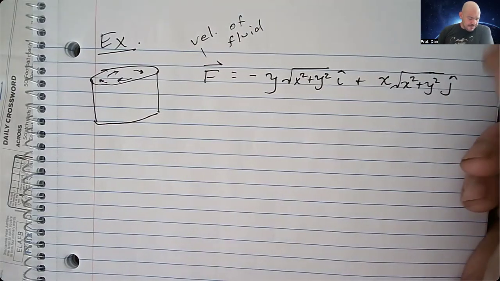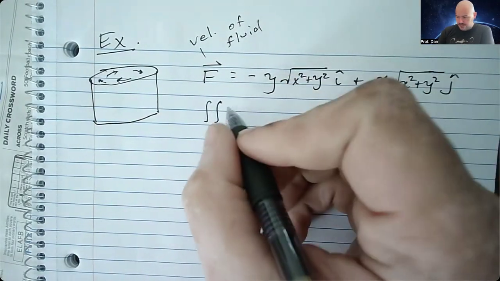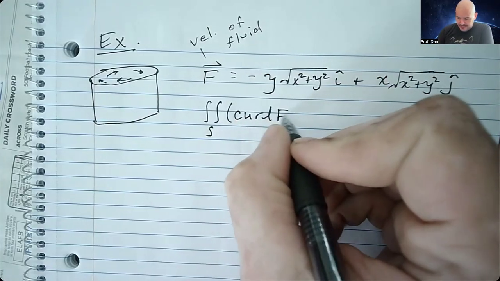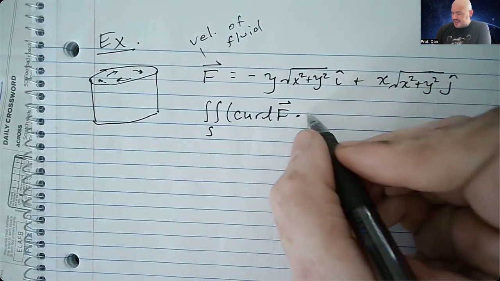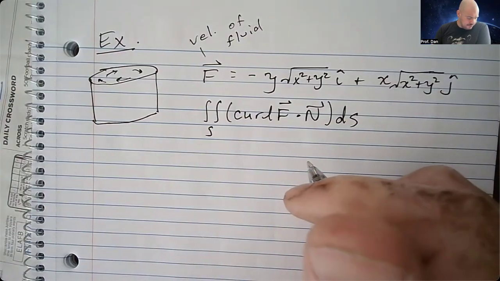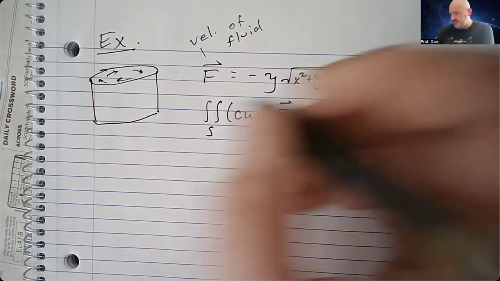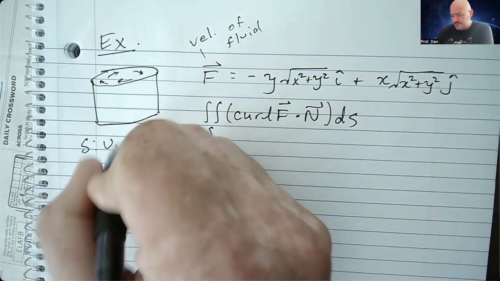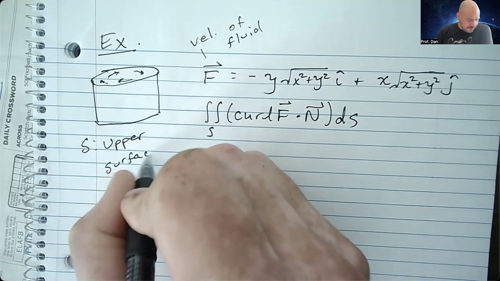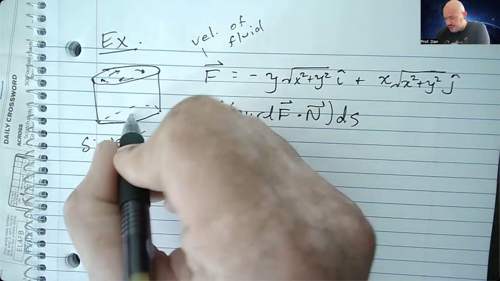And we want to find the surface integral of the curl of F dot n dS, where S is the upper surface of the cylindrical container. Some other things we're told about the cylindrical container are that the radius of the container is 2.